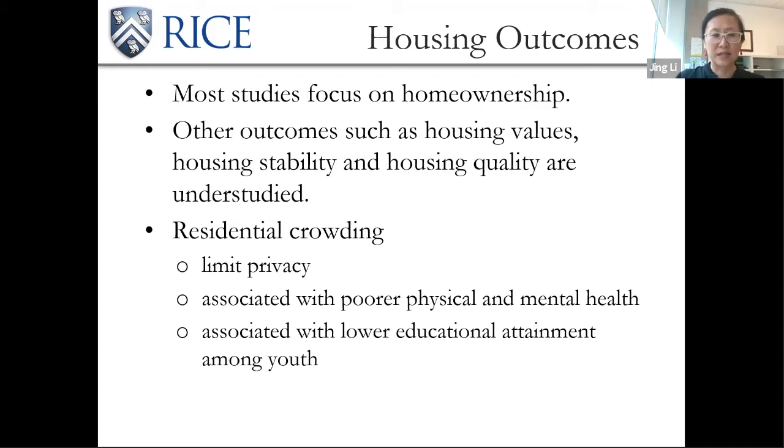It's important to study because residential crowding not only limits privacy, but is also associated with poor physical and mental health, as well as lower education attainment among youth. I guess this is most important, as we can all attest to, that in the past year during the pandemic, residential crowding can be especially detrimental to remote working and remote learning.